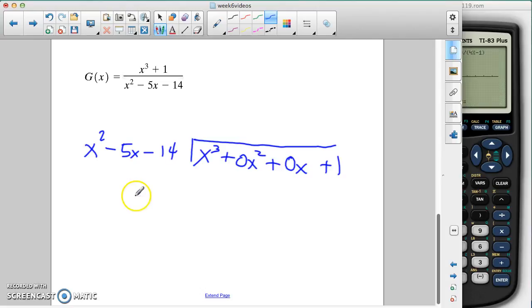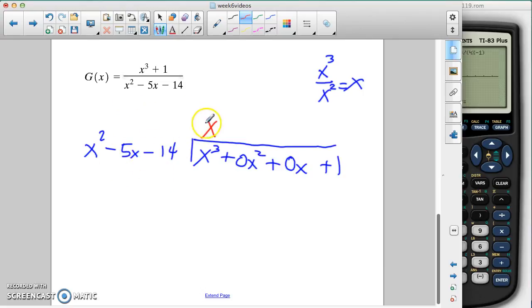Now, we haven't done one like this before. There's 3 terms here. So we still look at the first term here and the first term here, and we divide. So we take our x cubed term, that's the first term here, and we divide it by our lead term here. Lead divided by lead, so we get x squared. That's going to be my first term in my quotient.